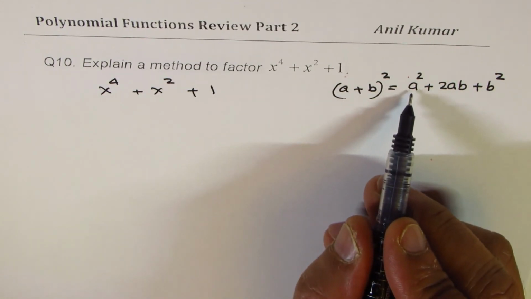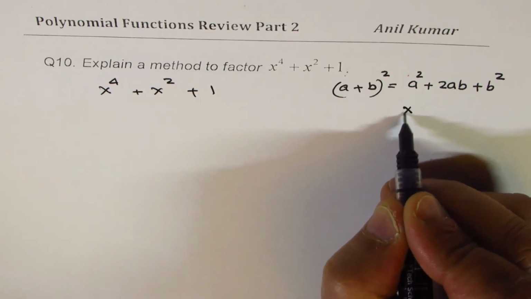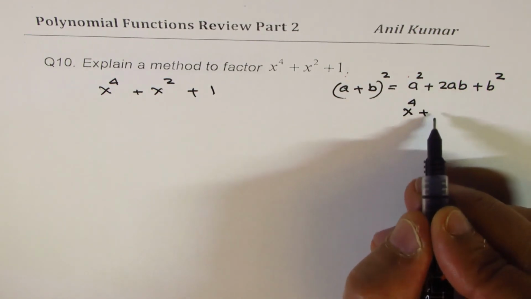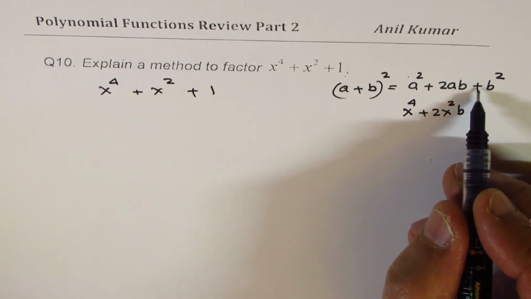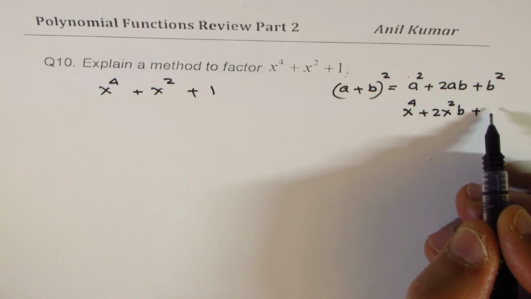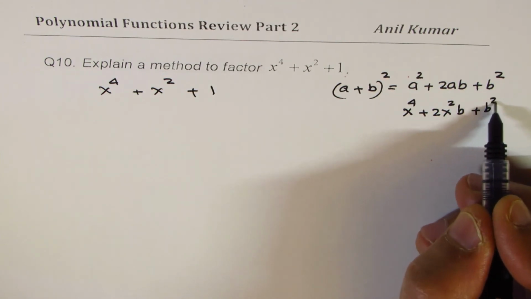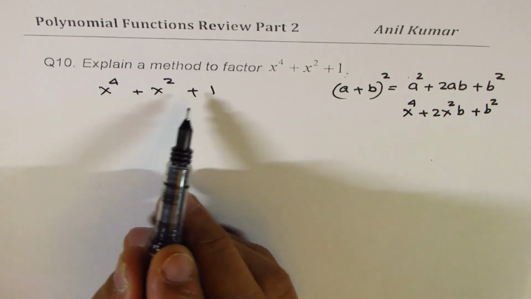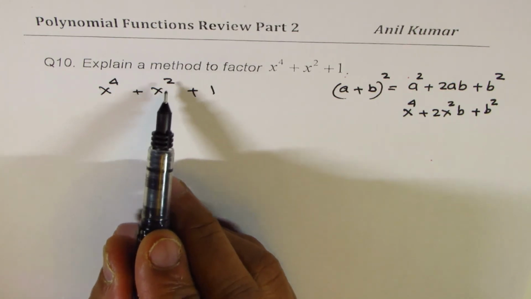If I replace a square by x square, I could also get this as x to the power of 4 plus 2 times x square b, and replacing b with x square, I could write this as b square. So in a way, you can see I could factor this equation also. The only thing which I need here is 2x square, right?